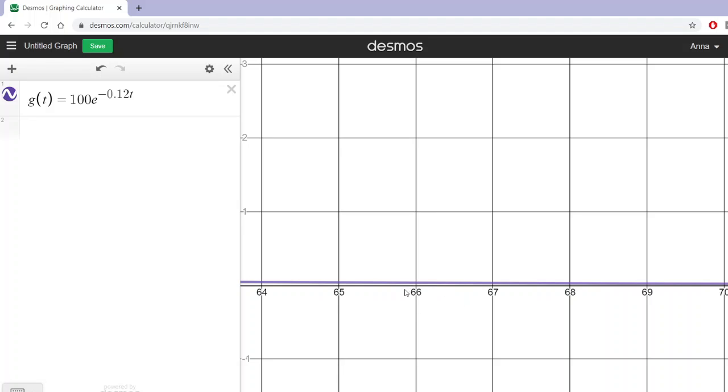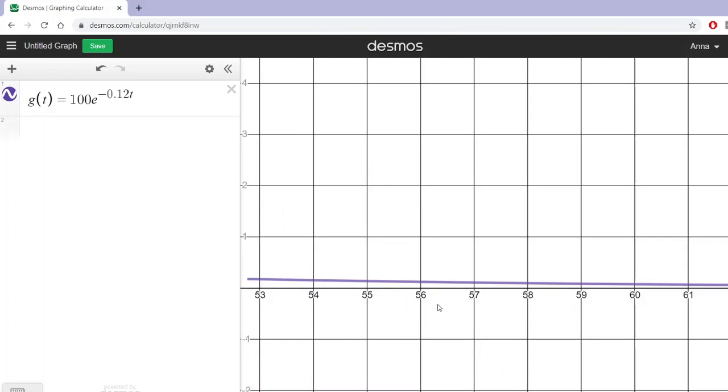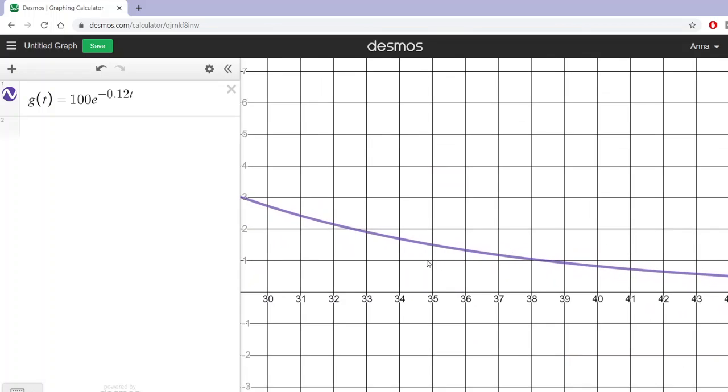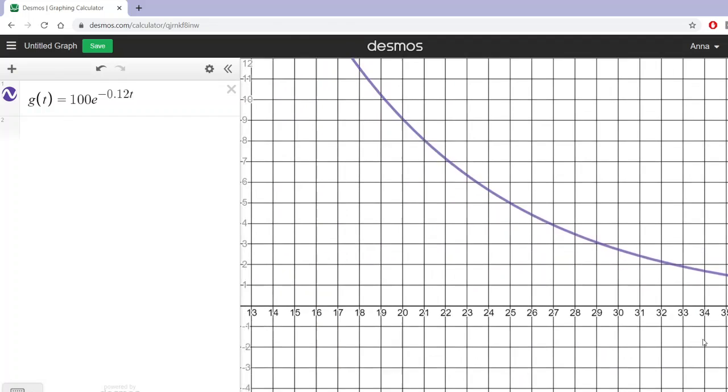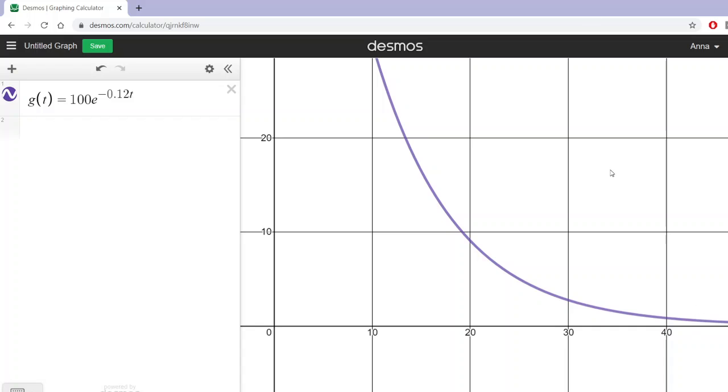So it almost doesn't matter whether there is actually 0 caffeine or a very tiny amount. But I just want to point that out because I think that's interesting, and that is something that is true of all exponential decay. If you're modeling something with an exponential function, it's never actually going to equal 0. It's going to get closer and closer to 0, but it's never actually going to reach it.